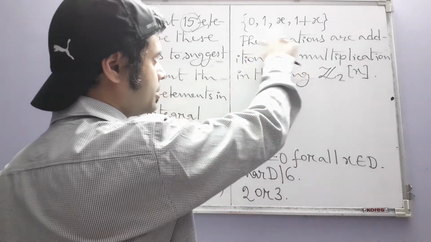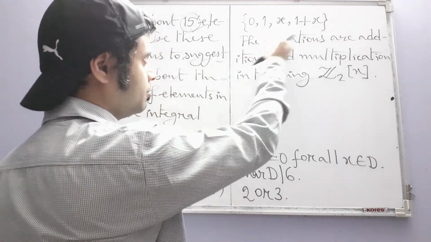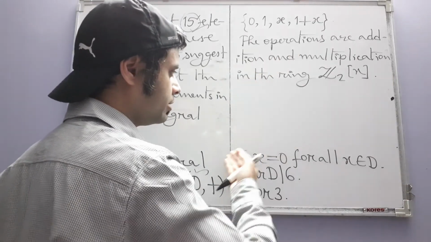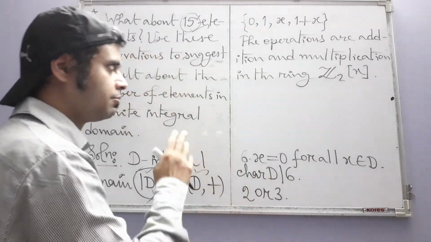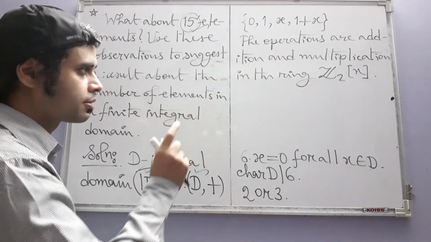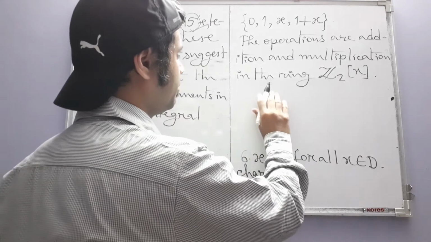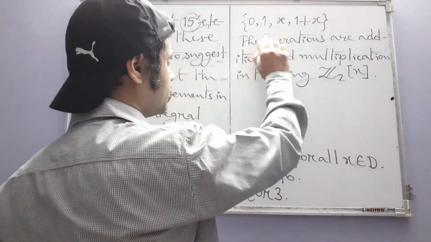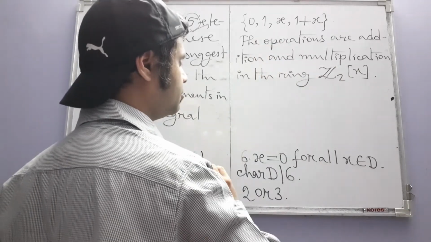First, you show that this is a subring, which you can verify by considering the differences and the products that can possibly be formed from these four elements. Show that the set is closed under both of them, so then it will be a subring. And it also of course contains the unity of this ring, which is the element 1 from Z2.